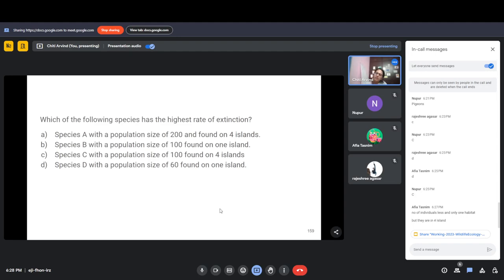So, what happens if they are spread over different geographical masses? How are species found on only one island more vulnerable? Why are they more vulnerable than the other species that is found on 4 different islands?